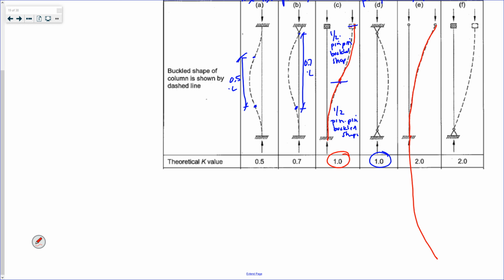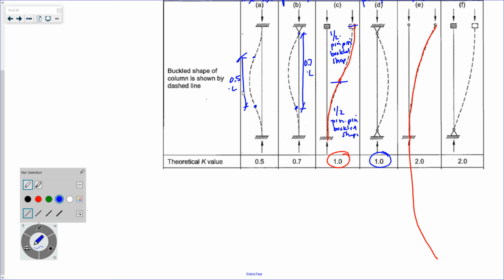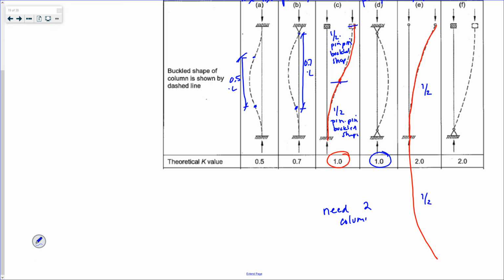You need 2 column lengths to get your pin shape. So that's why it's 2.